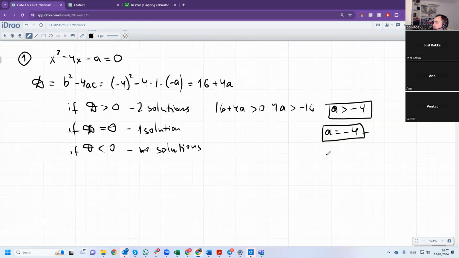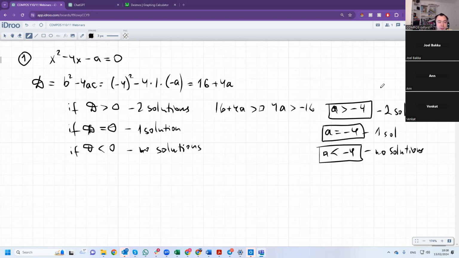And if a is less than negative 4, there are no solutions.